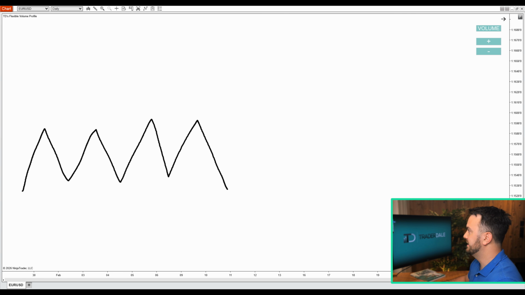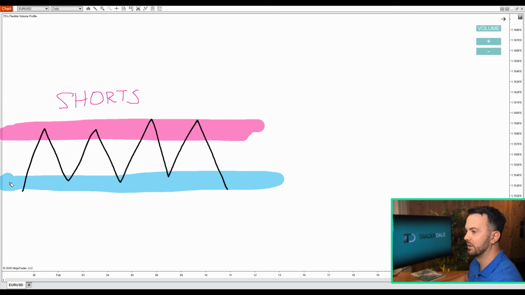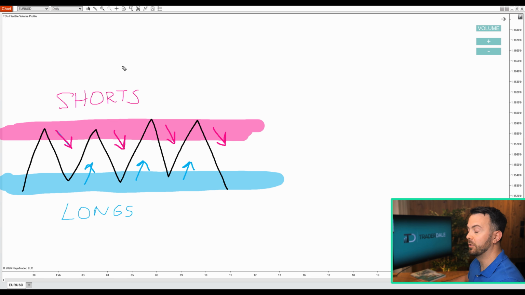And when it is rotating, you want to look for shorts in this area, and you want to look for longs in this area, in the bottom area of the sideways price action. Okay, so it is longs from here and shorts from here. This is how you trade a rotation.